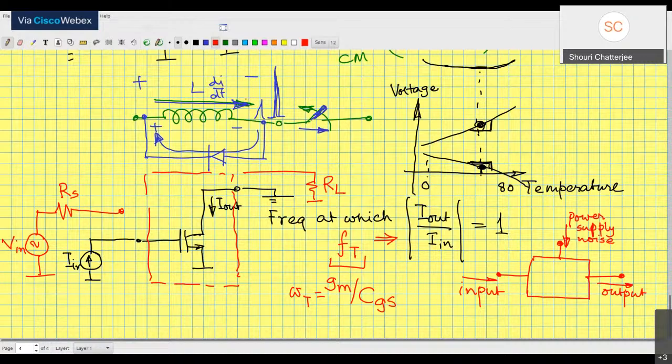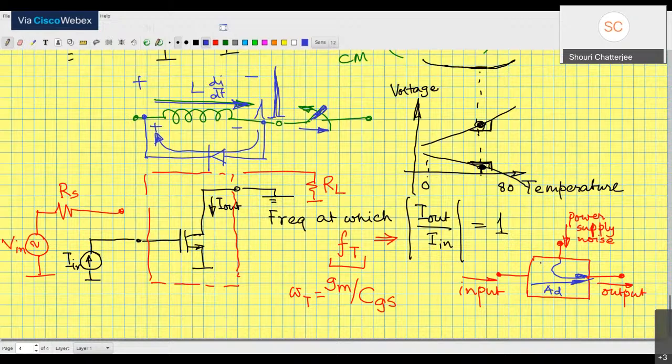So I have a gain from the input to the output, right? Let's call it the desired one, AD. All right. And I have some gain from the power supply to the output. Some voltage gain is there from the power supply to the output.